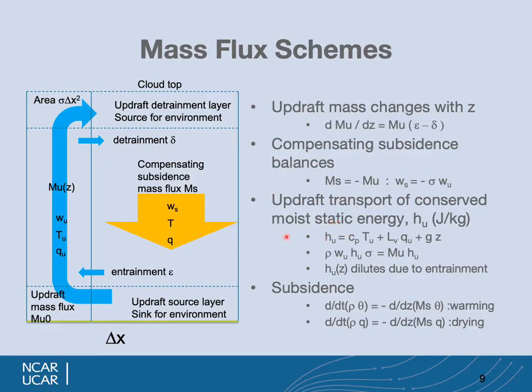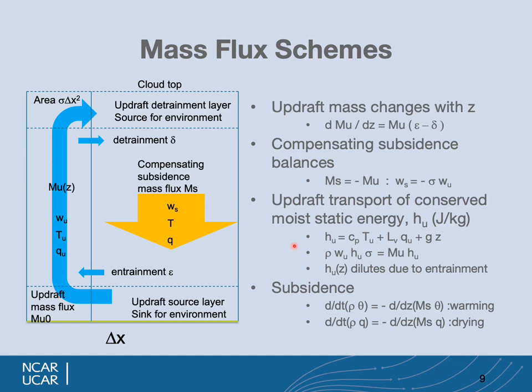Updraft transport conserves moist static energy because there's condensation occurring, so temperature and moisture will not be separately conserved, but the moist static energy will. So some schemes are written in terms of a conservative quantity like moist static energy. Others are written in terms of temperature and moisture with a condensation term.